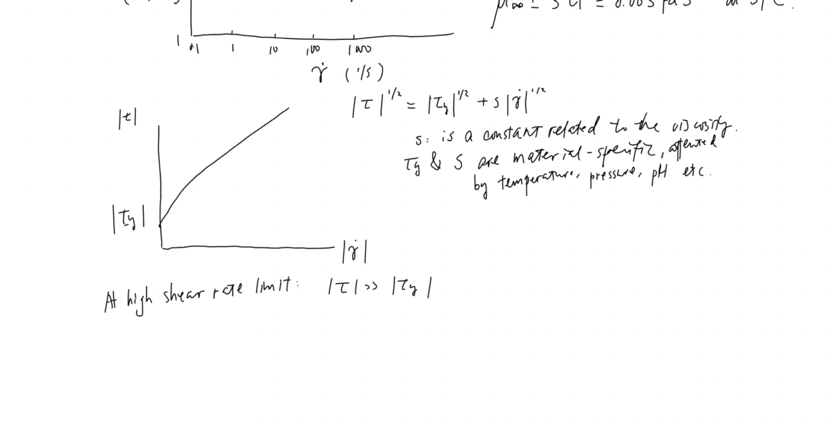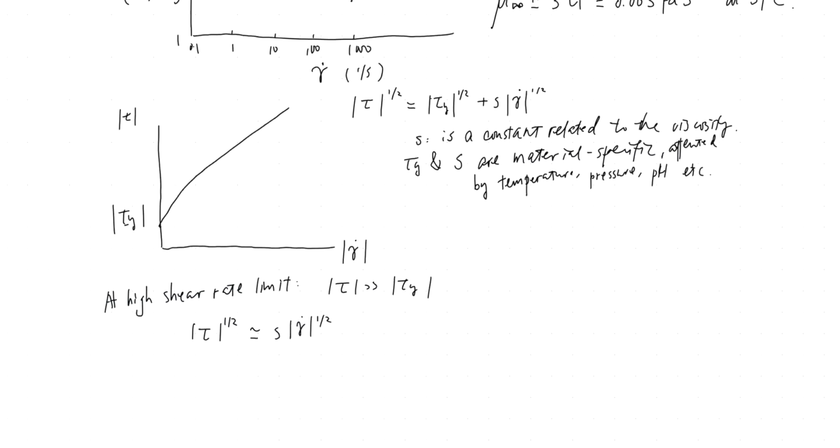In this case, you would see that the square root of tau is approximately equal to S multiplied by the square root of gamma dot.